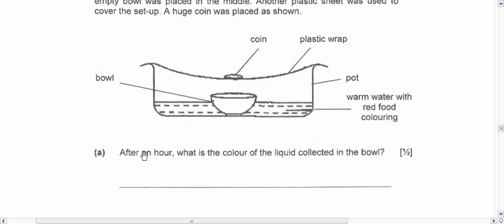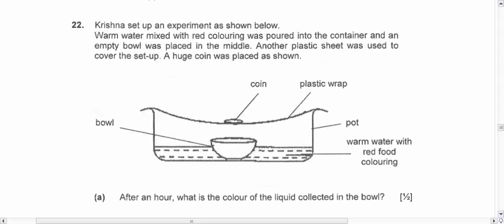Okay, so after an hour, what is the color of the liquid that's collected in this bowl? Now, what you must understand is that evaporation only occurs in water. Okay, so I'm just going to write this down to make it clearer. Only water evaporates.